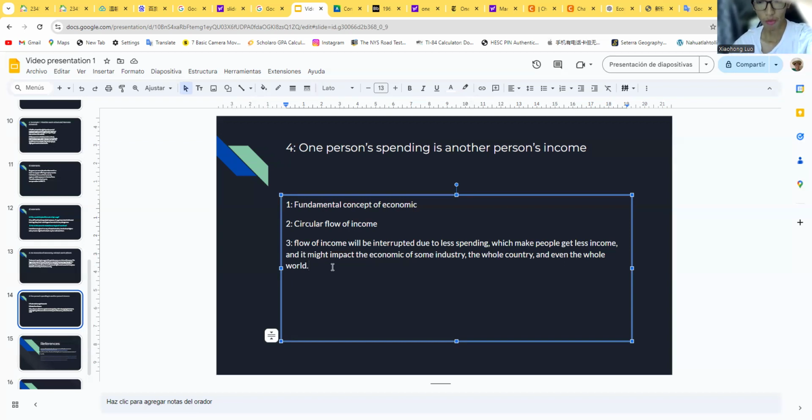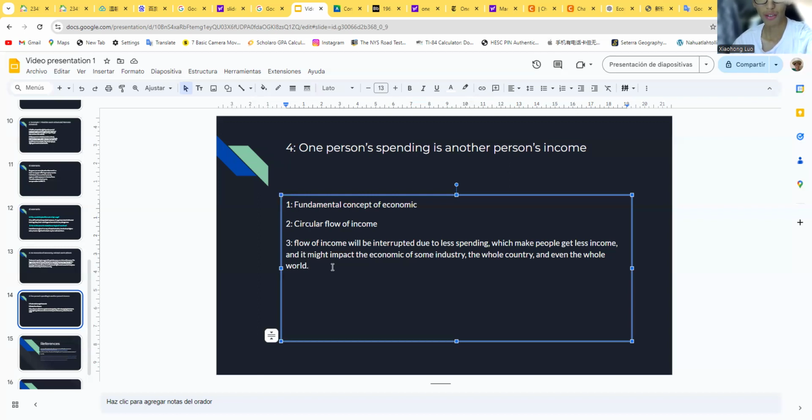So that's why there are a lot of Chinese people who are not willing to shop or increase the economy.